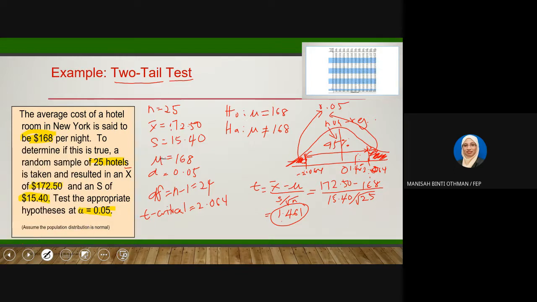In the middle is non-rejection. The area at the ends is the critical area, the rejection region that I already highlighted.